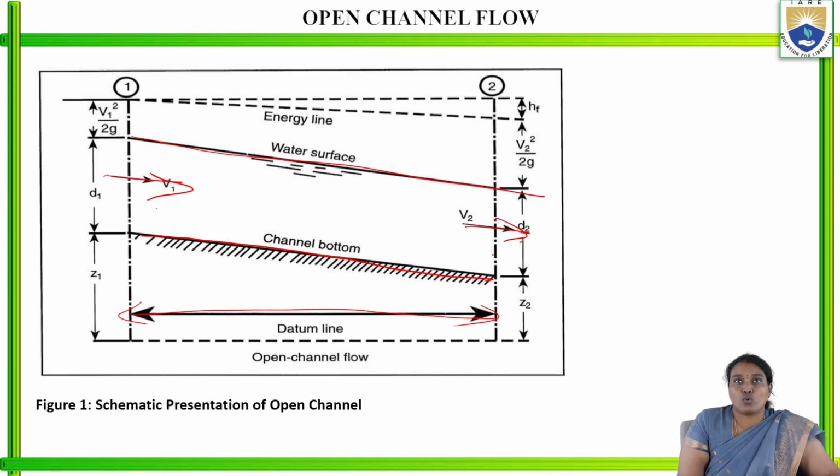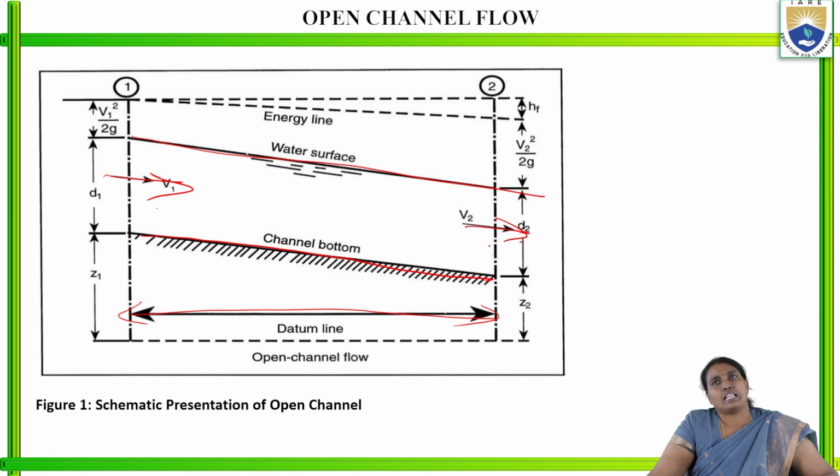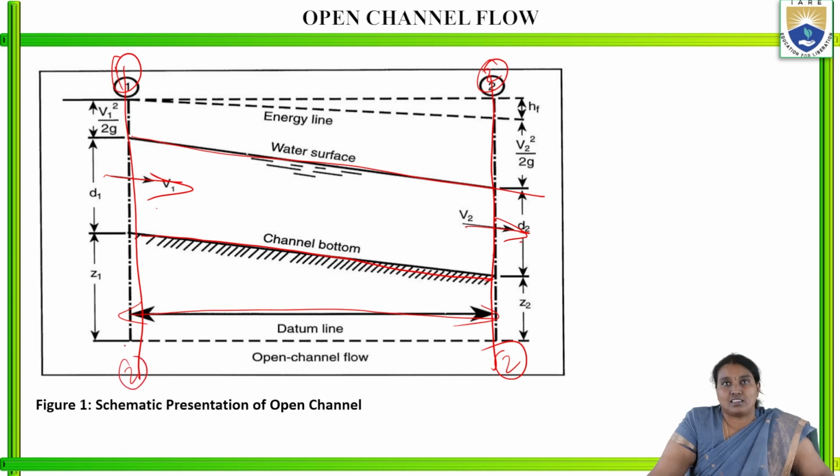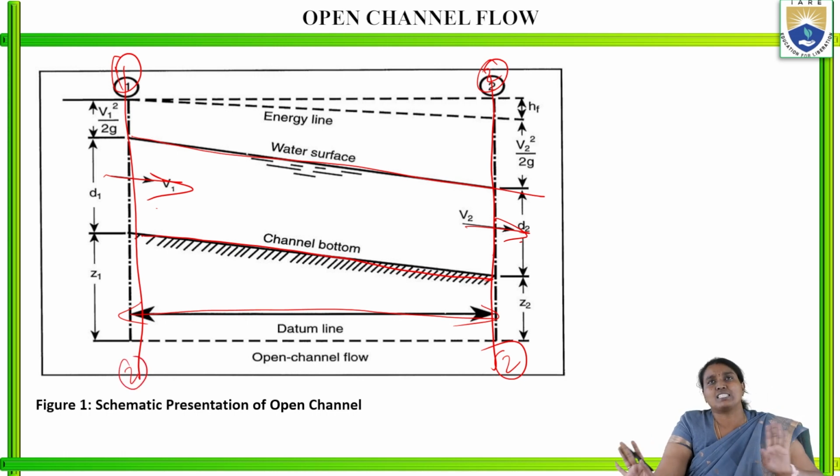V1 and V2 are the velocities between the two sections. Here we are considering two sections. This is section 1-1 and this is section 2-2 of the channel. We consider one channel, it is open.